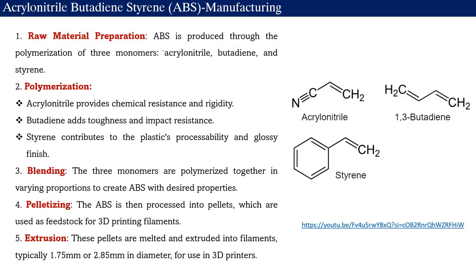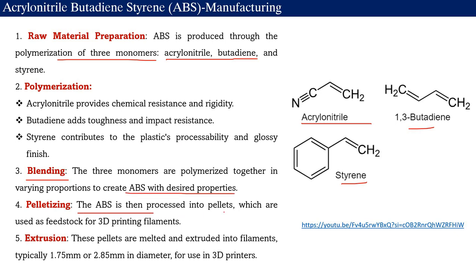Now, how is this ABS formed? It is produced from the polymerization of three monomers: acrylonitrile, butadiene, and styrene. They undergo the polymerization process, and then they form pellets. The three monomers are polymerized together in varying proportions to create ABS with desired properties.